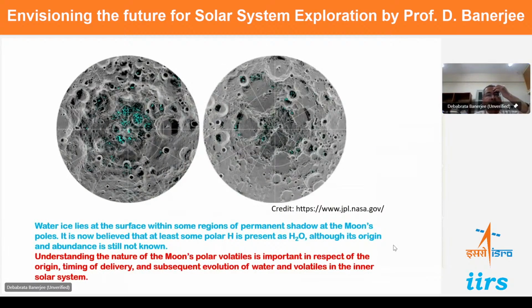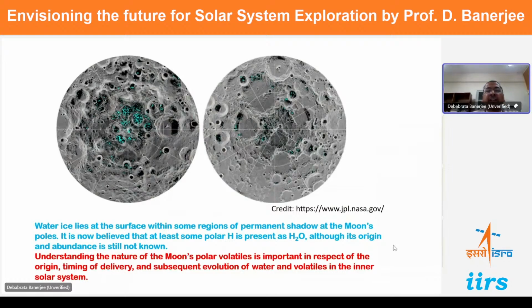Now I'll go to the moon. Now the permanently shadowed regions of the moon have temperatures of the order of perhaps as low as 50 Kelvin, and therefore they can store volatiles.